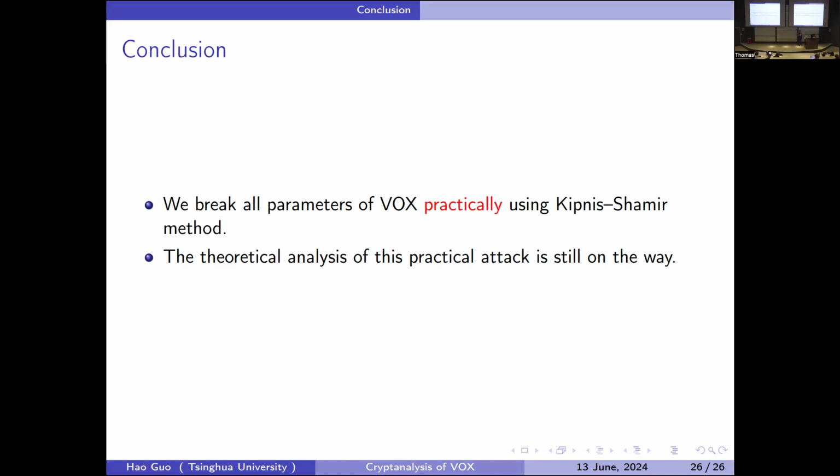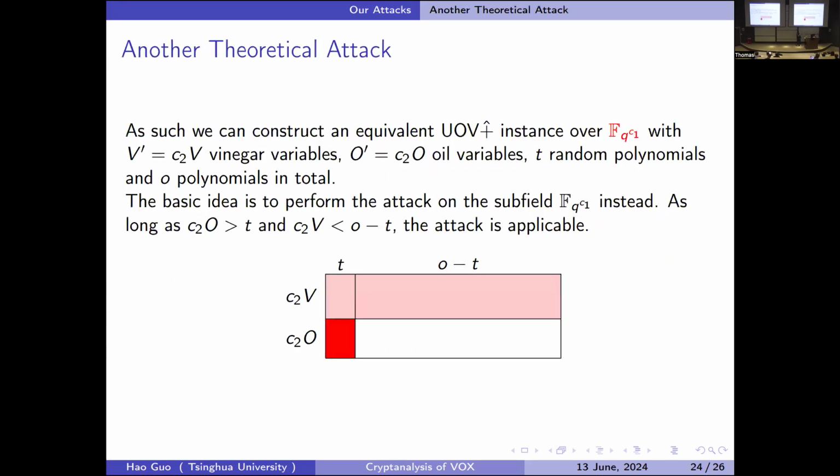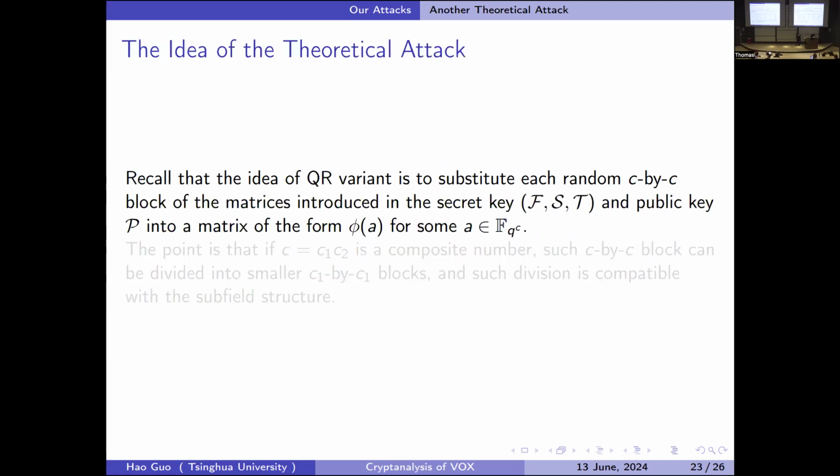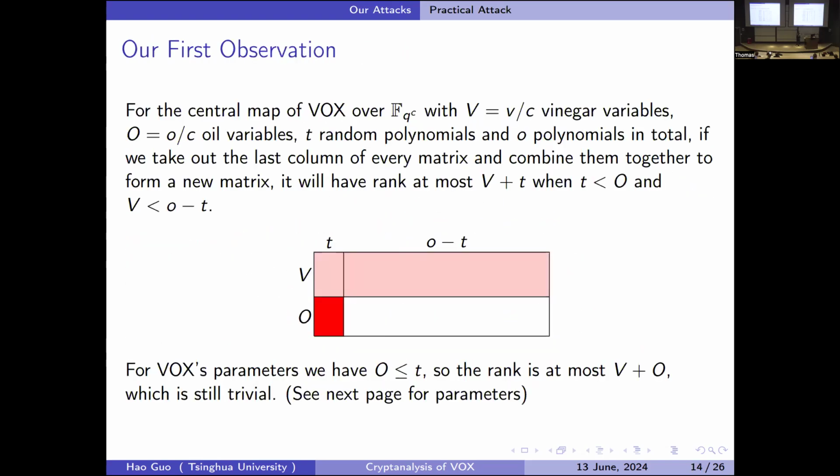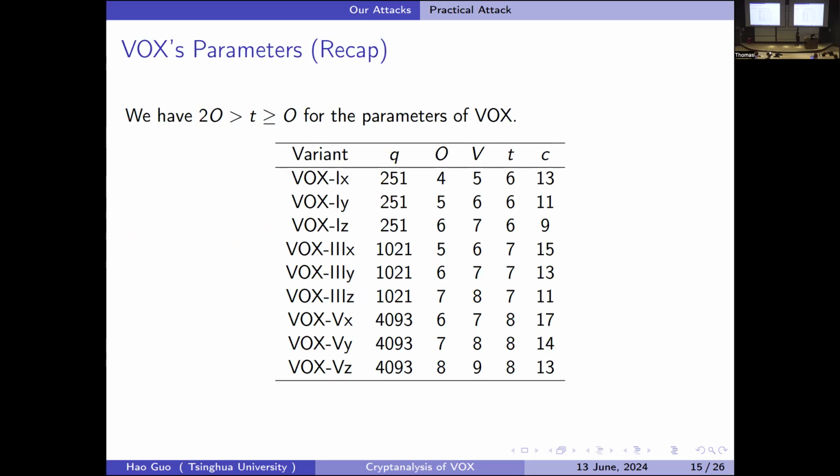Yes, I mean the support minors attack has better time complexity in general, but it has a large memory cost here. For example, if you see this one, if I remember correctly, the matrix is a 54 by 26 matrix, and the target rank is 20, so we can take about 21 to 26 rows, and we tried it.